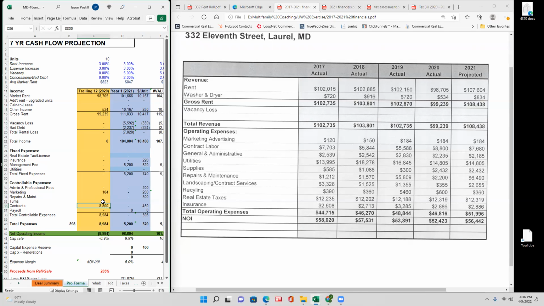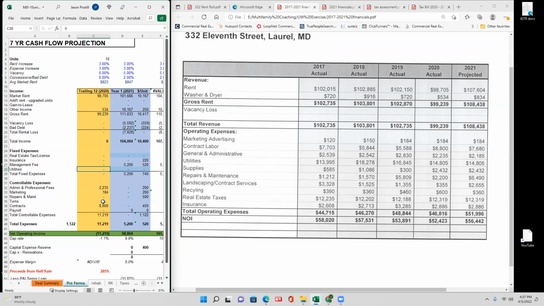Repairs and maintenance, or let's go down the list. So contracts are general administrative. That could be admin, general administrative, right? Admin professional fees is 2235. Utilities is up here under fixed expenses.